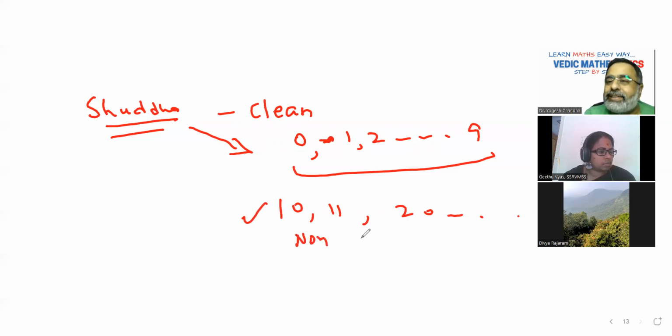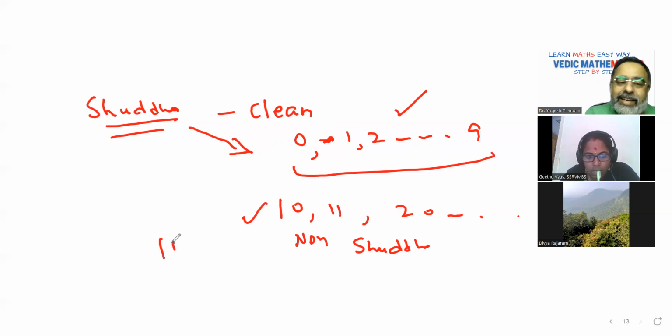So our focus is to convert to Shuddha. Whenever we have a number more than 9, if it is 10, I'll remove the 1 to make it 0, to make it Shuddha. Or if I have 11, I'll remove this 1 to make it 1. So this is a basic principle.